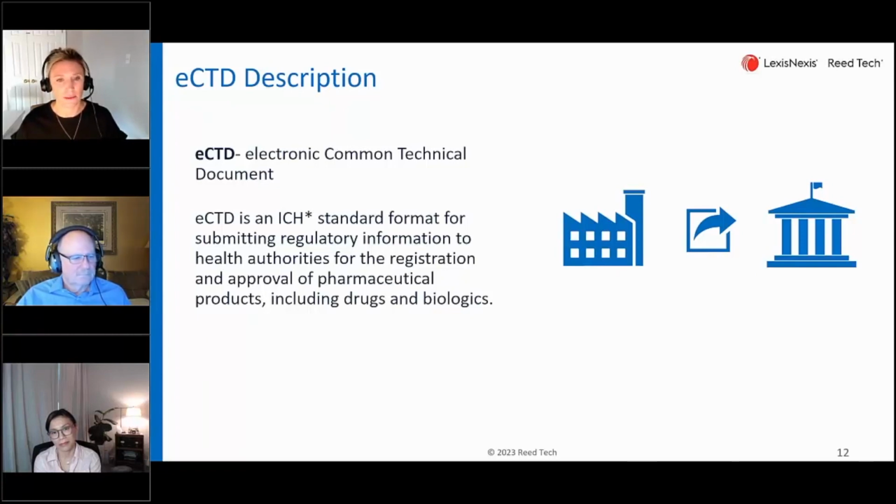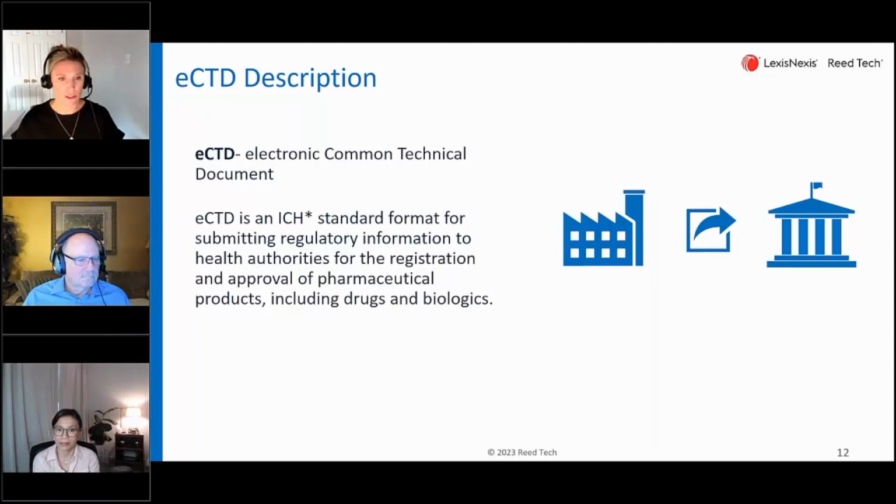By developing a common format, it allows for ease of review for the reviewers, and it also allows sponsors to repurpose data in an electronic format, so that they can streamline their timelines and achieve cost savings when they're able to reuse.